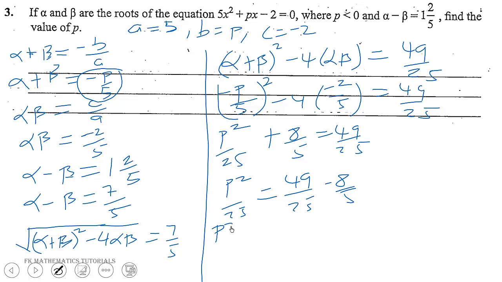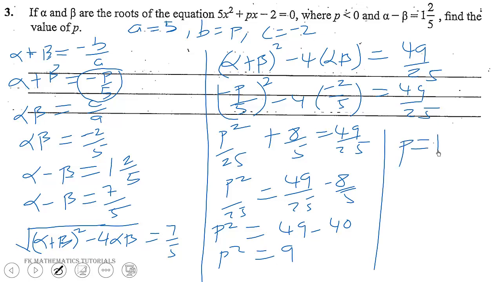We get p squared equal to 49 minus 8 times 25 over 5. 5 goes into 25 five times. So 8 times 5 is 40. So p squared will be equal to 9. So p will be equal to plus or minus the square root of 9. So p is equal to plus or minus 3.